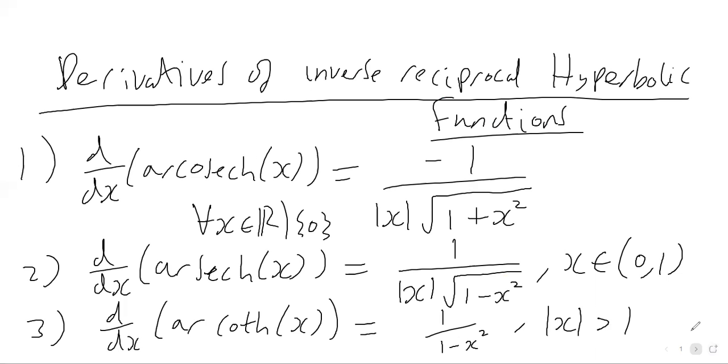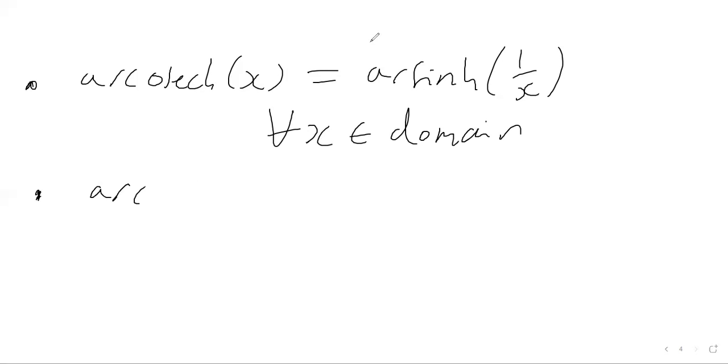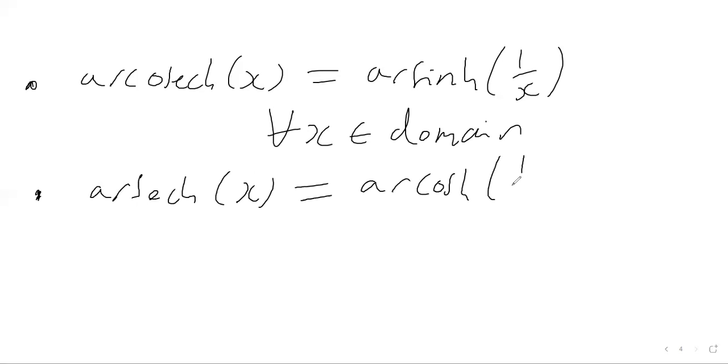What we noted in the previous videos when we differentiated these functions was that ARCOSECH of x is exactly the same as the ARSECH of 1 over x function for all x values in their domain. We also noted that the ARSECH function again is equal to just the ARCOSECH of 1 over x function for all x values in the domain.